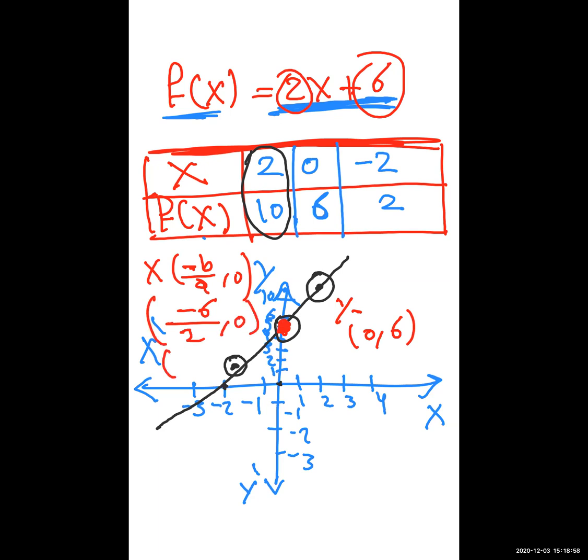So this means negative 3 and 0. Yes, so this point has to be negative 3 and 0. So the intersection here is negative 3 and 0. Okay, guys, are we clear till now?